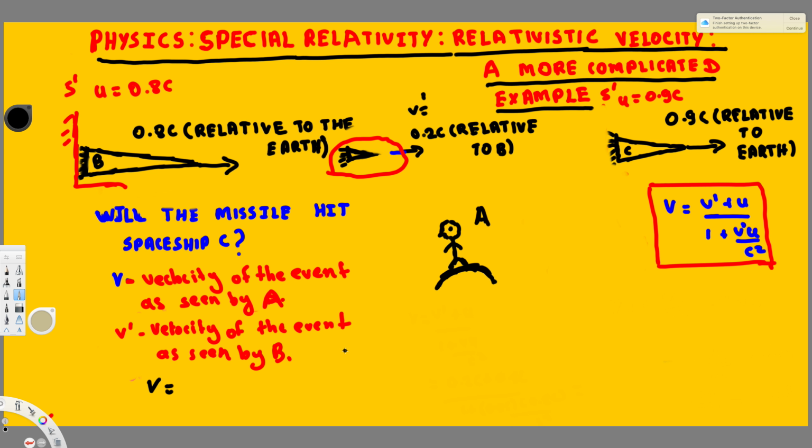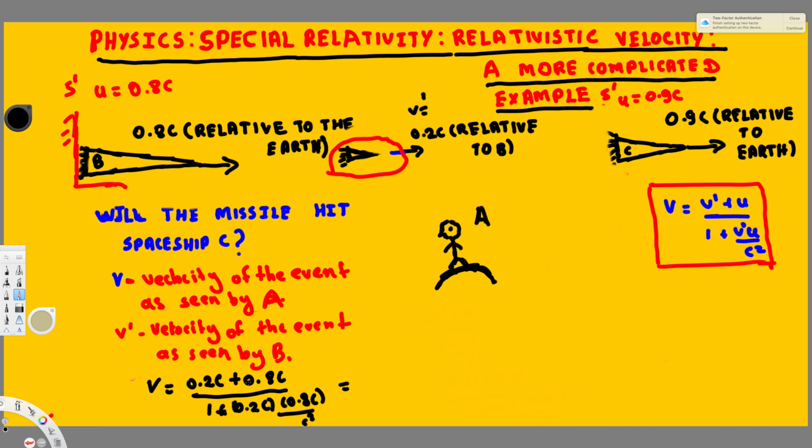So here V prime is 0.2 c plus U, the moving reference frame's velocity, that is 0.8 c, and then in the denominator we have 1 plus V prime, again 0.2 c, multiplied by U, that is 0.8 c, divided by c squared.